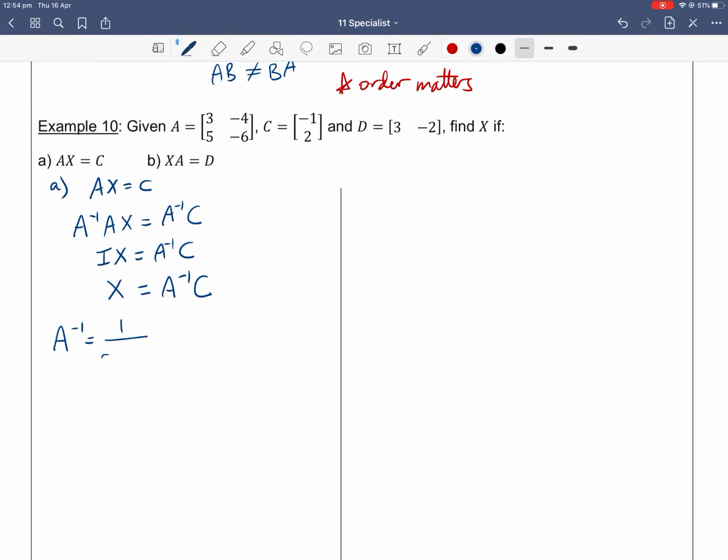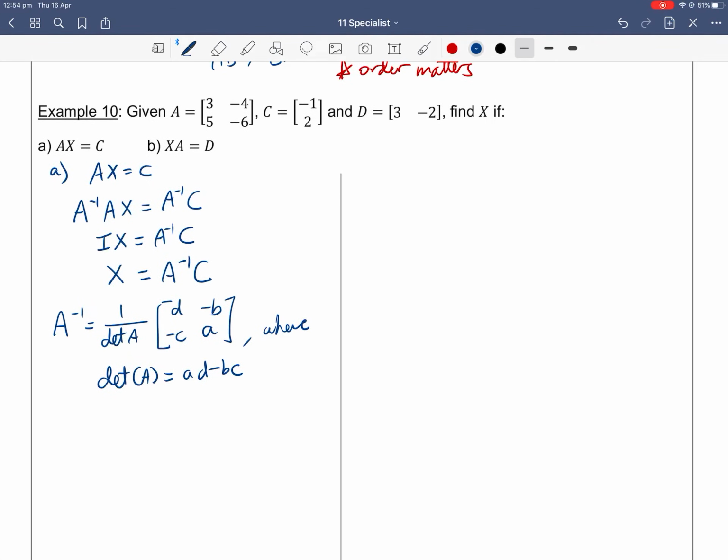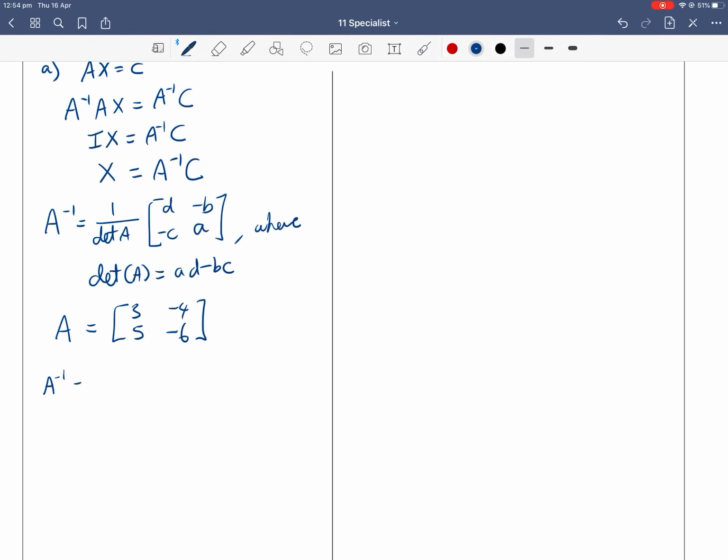Okay, so A inverse, default formula, 1 over det A. Swap your A and D, negative your B and C, where det A, the determinant, is AD minus BC. Okay, so we're told that A is 3, 5, negative 4, negative 6.